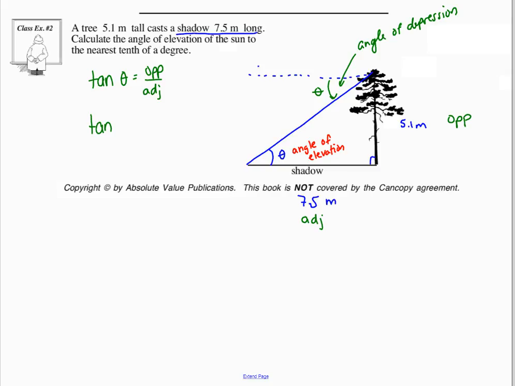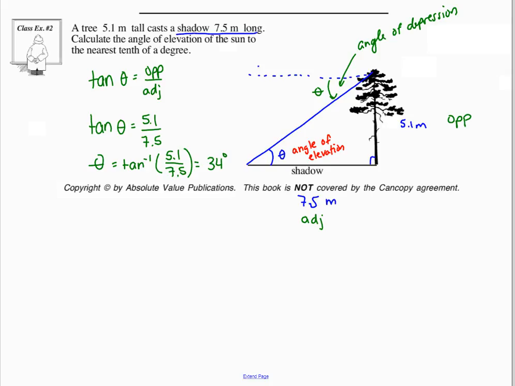So tan of theta equals what divided by what? It's 5.1 divided by 7.5. And now we're going to take the inverse of that. What do you get, Tashkarn? 34 degrees. Good.